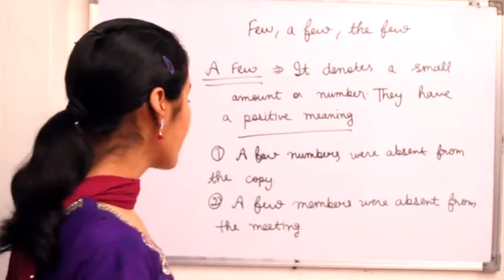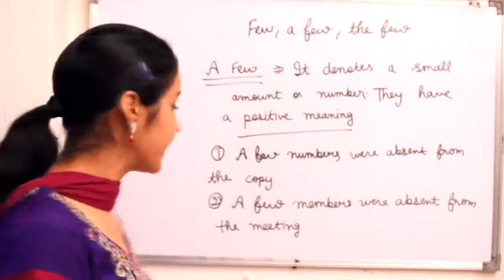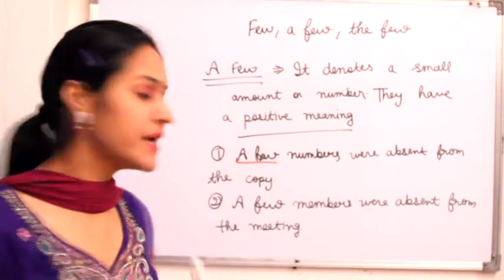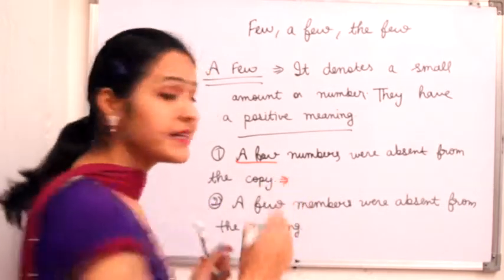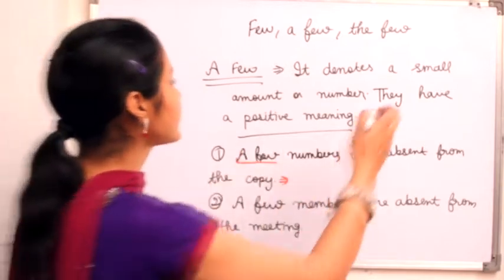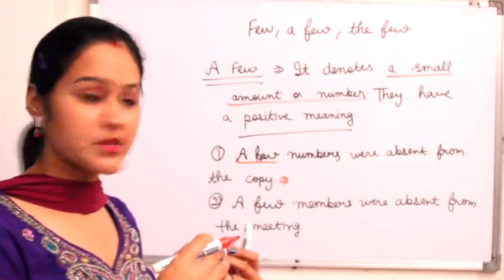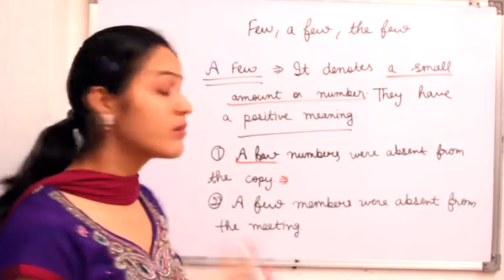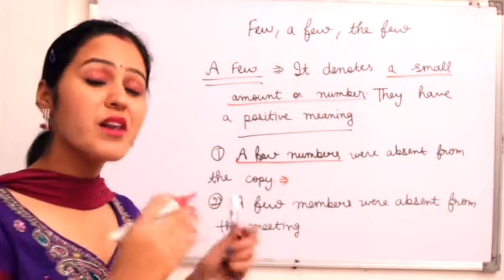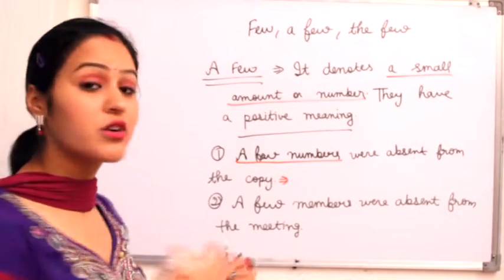So here, why do we use a few? Because a few stands for positive meaning. First, it is about positive meaning, and it denotes a small amount or number. So here I am talking about a few numbers. I am talking about a very small amount of numbers that were absent from the copy.